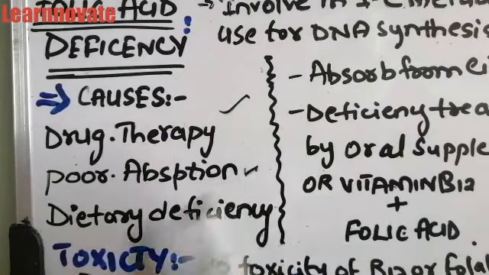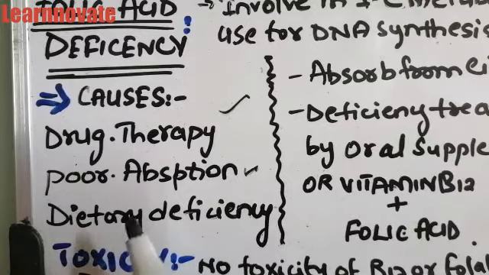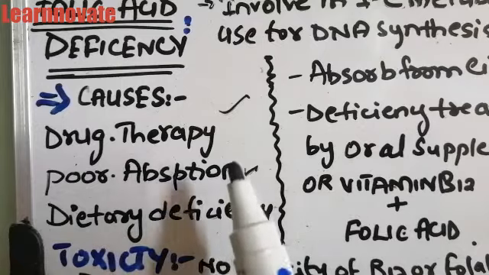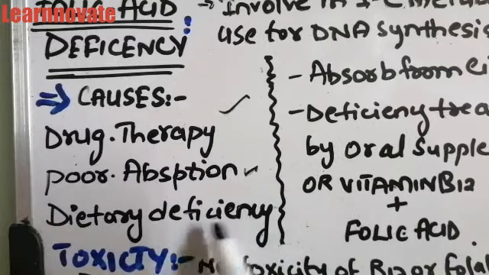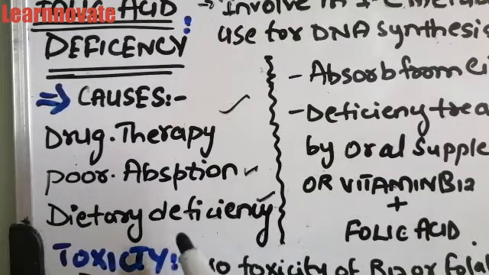Number 2, poor absorption: if a patient has a GIT disease or any other disease that causes poor absorption or poor blood perfusion, there will again be folic acid deficiency. The third one is dietary deficiency. This mainly occurs in pregnancy and lactation, when there is an increased need of folic acid. So to prevent this, we should give folic acid and increase its uptake in the pregnancy period.